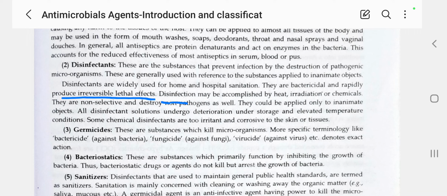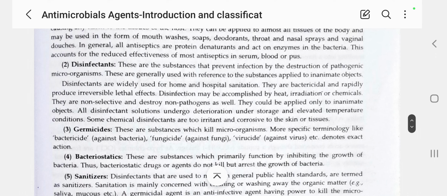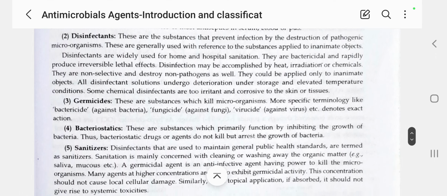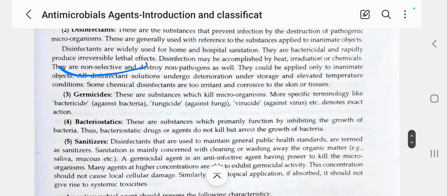Disinfection may be accomplished by heat, irradiation or chemicals. They are non-selective and destroy non-pathogens as well, so they can be applied only to inanimate objects.